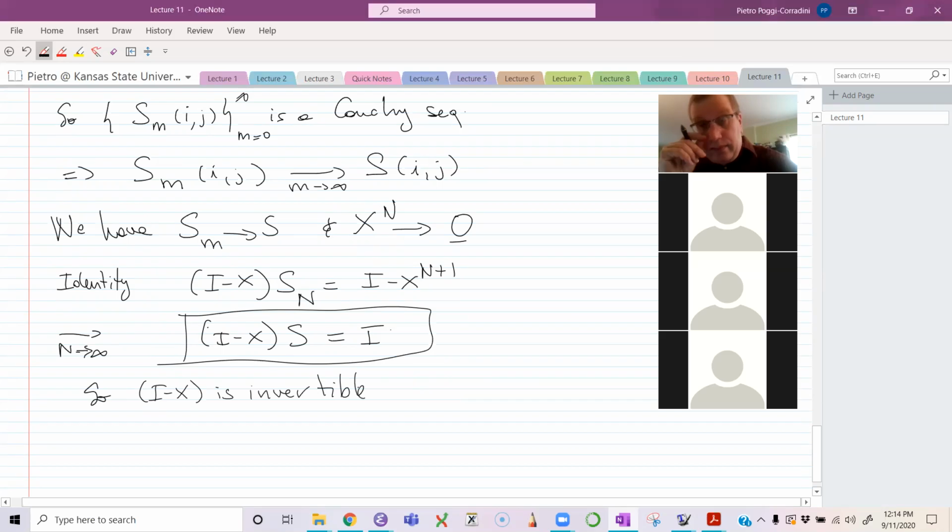Remember, I don't know if you saw this in matrix theory, but only square matrices can be invertible, and also it's enough to check one, the left inverse property or the right inverse property.